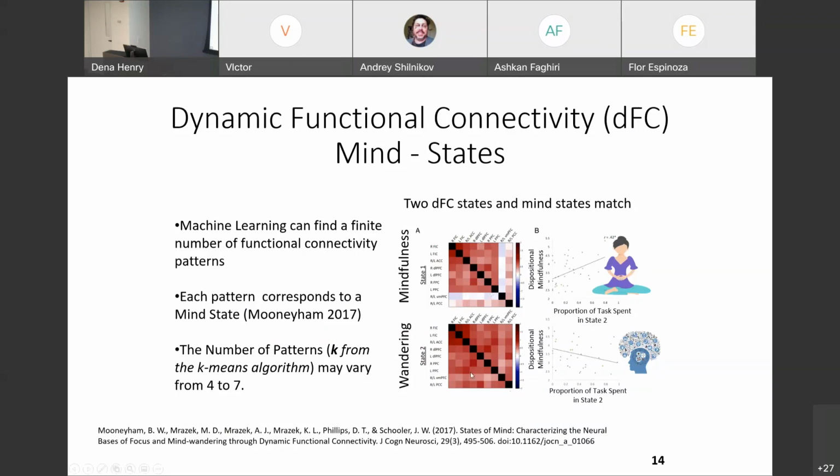However, for states of distraction, or mind wandering as it is called in this study, where the brain is not concentrating on a particular thing and is not doing mindfulness, we can see that the default mode network is not fully anti-correlated with the rest of the brain, mostly positively correlated. And they found out that this state is more connected to perception of mind wandering on the subjects that were not practicing mindfulness.